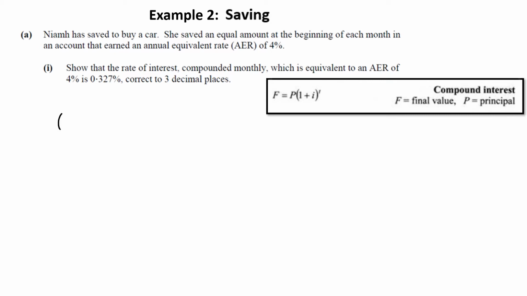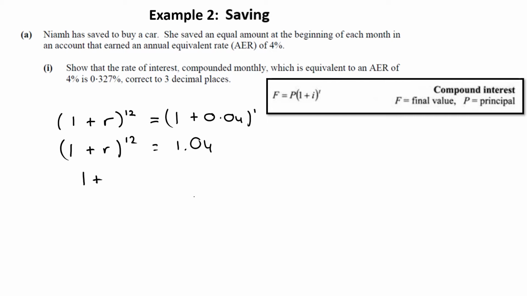So just like the last one, we're going to have 1 plus some monthly rate compounded monthly should be the same as 1 plus 0.04 compounded over 1 year. So 1 plus r to the power of 12 is equal to 1.04. Working backwards, that gives me the 12th root of 1.04.